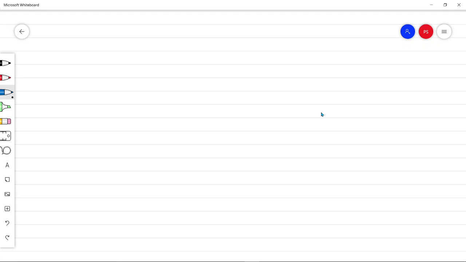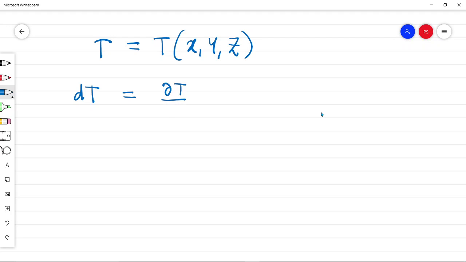Before we begin with the actual syllabus, let us try to revisit the concepts of curl, gradient, and divergence. If we assume a function t to be a function of three independent variables x, y, and z, then if we differentiate that function, dt is equal to dou t by dou x.